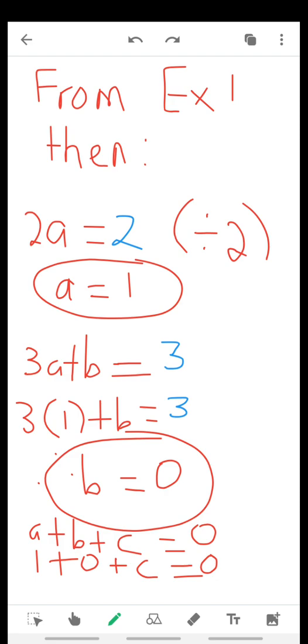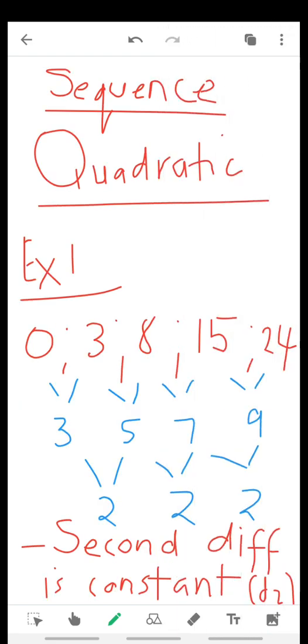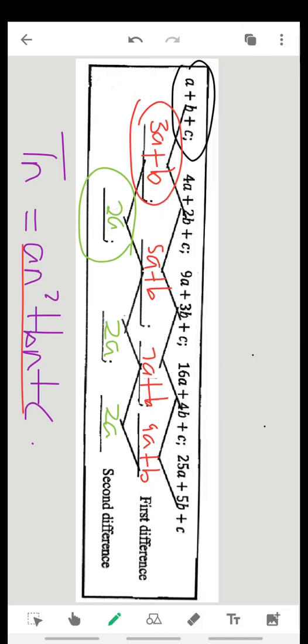From example 1, let us check what was example 1. This was our example 1: 0, 3, 8, 15, 24. First difference, second difference, constant. Then, how do we relate example 1 with this slide?